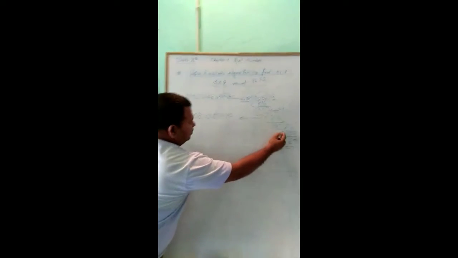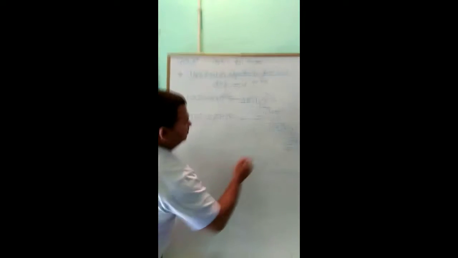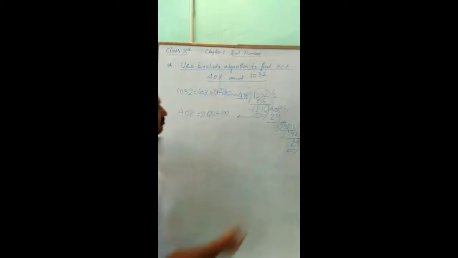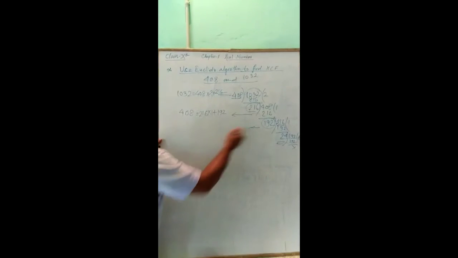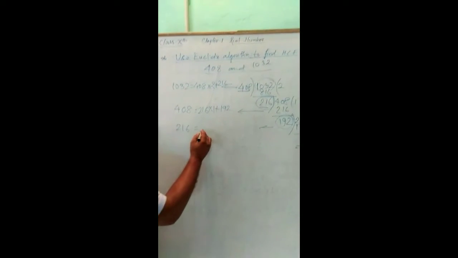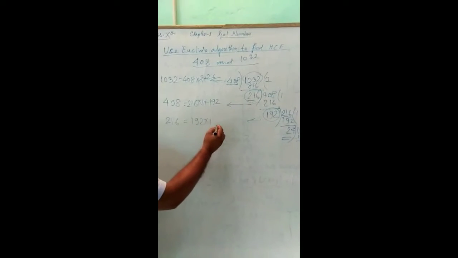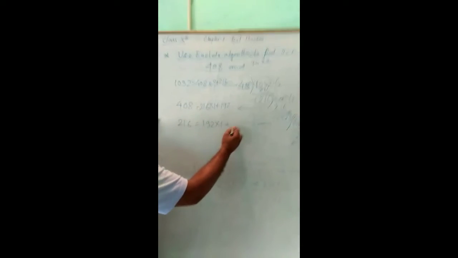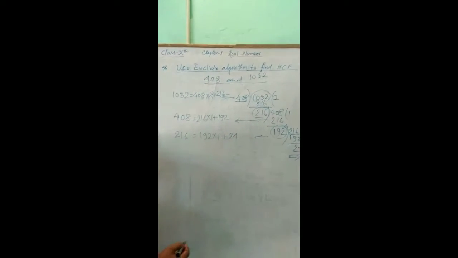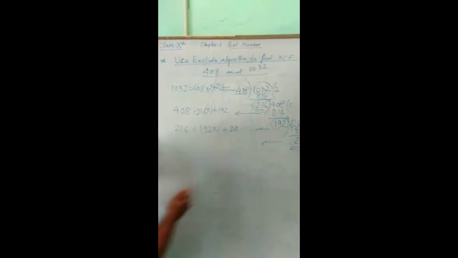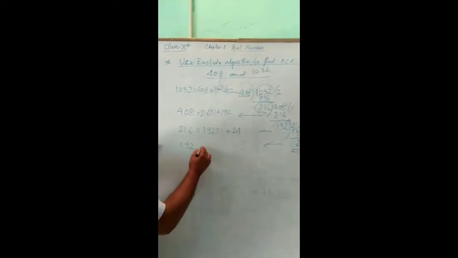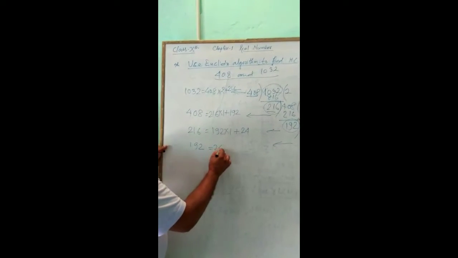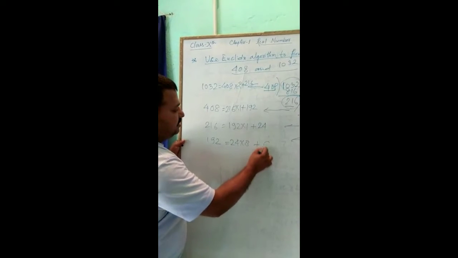In third step, remainder is that, and now divide by remainder in 216, in next step 216 is equal to 192 into 1 plus 24. Last step is 192 is equal to 24 into 8 plus remainder is 0.